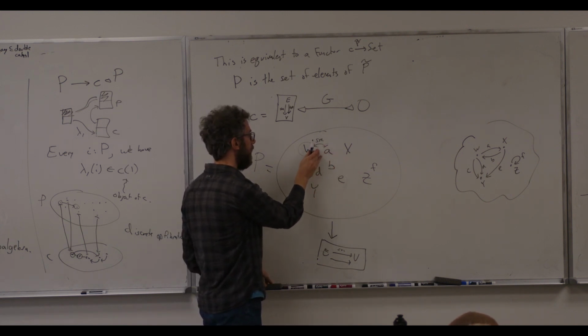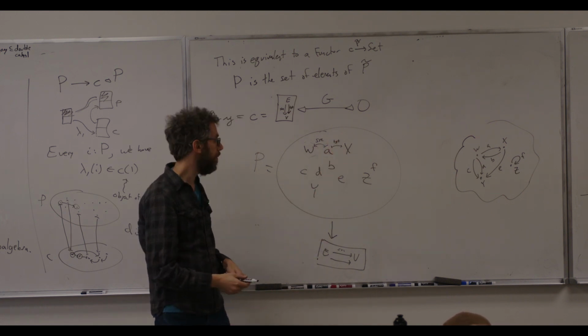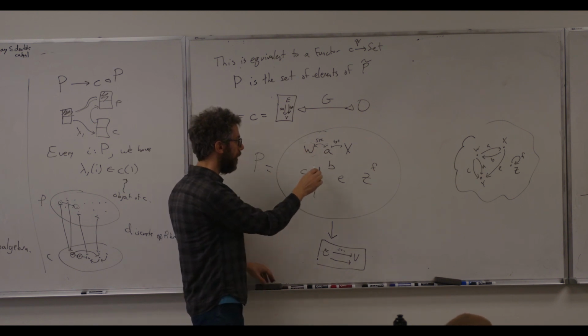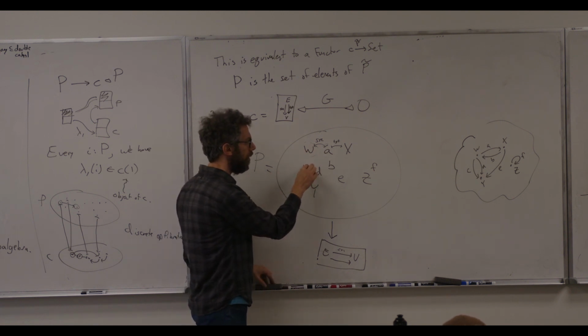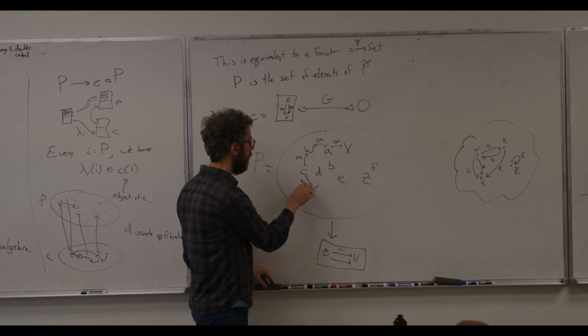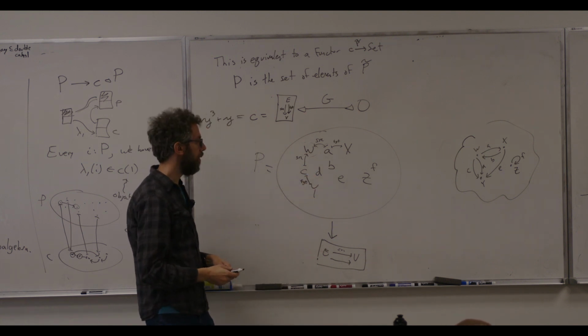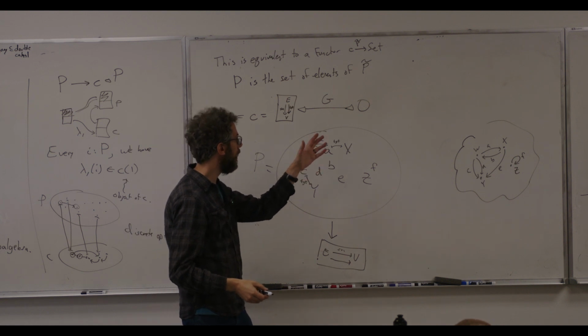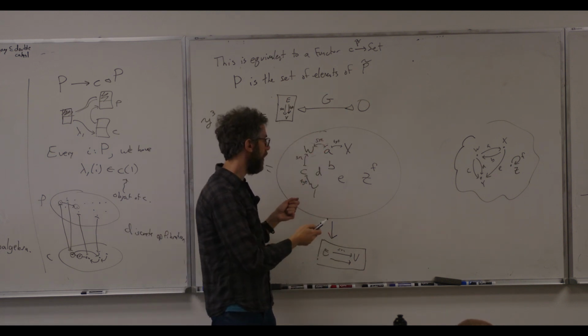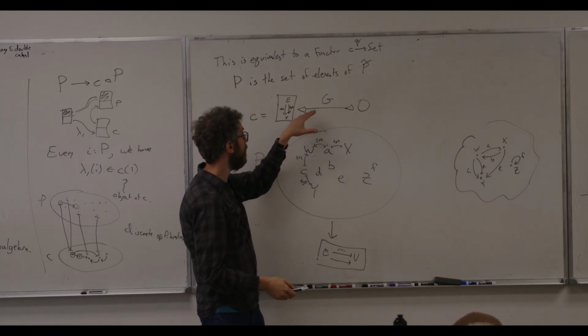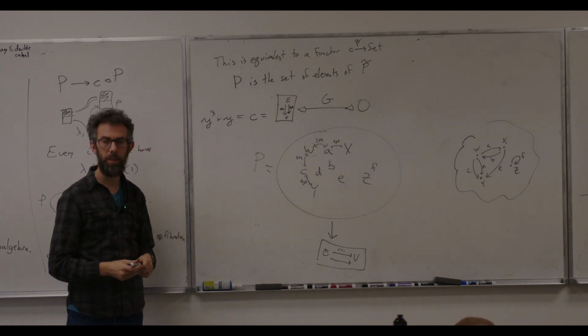Source of A is there, and target of A is there, and you can do all that. And so every edge will be able to call out its source and its target, etc. So we can build this graph by just knowing this data, this bicomodule data.